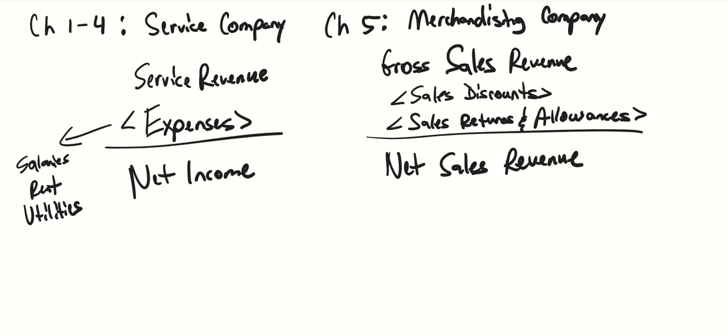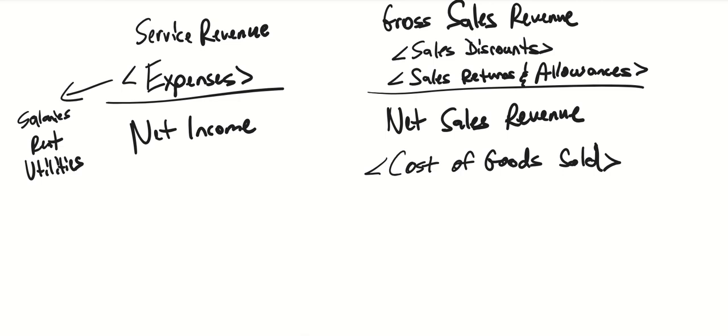Then after that, you've got to recognize the expenses that went along with generating those sales. And an account that's going to be used to recognize the expense is called cost of goods sold. Okay, this is an expense account. So subtracting cost of goods sold from net sales revenue, you would then get your gross profit.